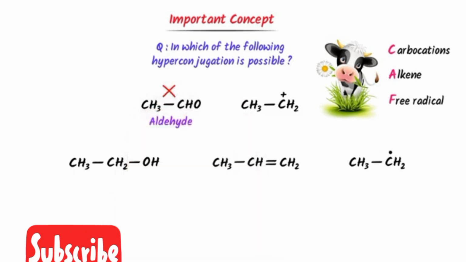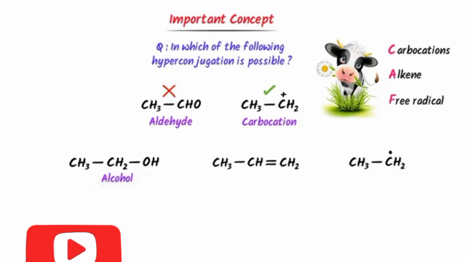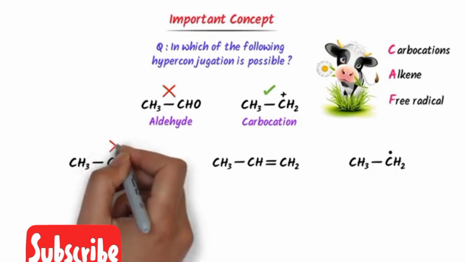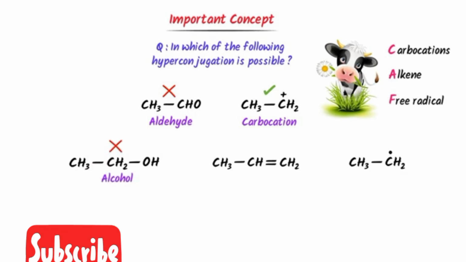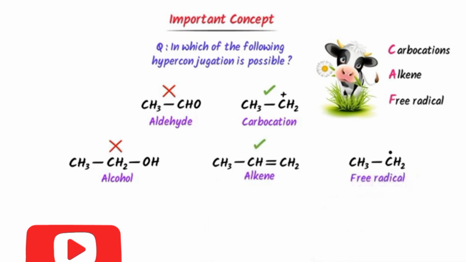Hyperconjugation is not possible in it. The second compound is a carbocation. Hyperconjugation is possible. The third compound is an alcohol. Hyperconjugation is not possible. The fourth compound is an alkane. Hyperconjugation is possible. The fifth compound is a free radical. Hyperconjugation is possible. Thus, remember that hyperconjugation is only possible in these.